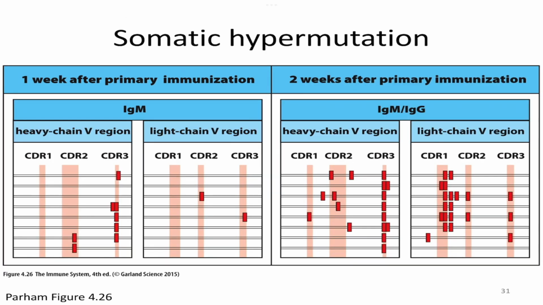And if you look very closely, you will see that those point mutations are largely in the cytidines, or Cs, in the complementarity determining regions, the CDRs. So we are actually going to change how we bind antigen and get much better interactions.